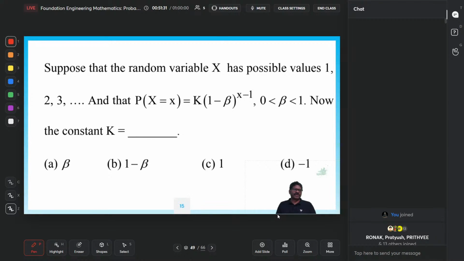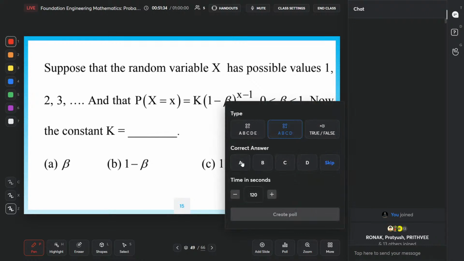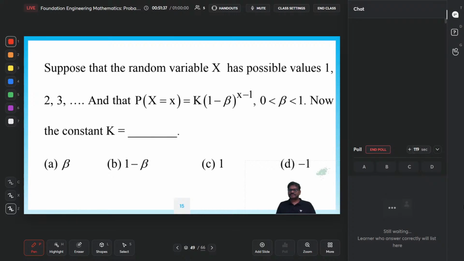Now, the value of constant k is... now we have to calculate the value of constant k.